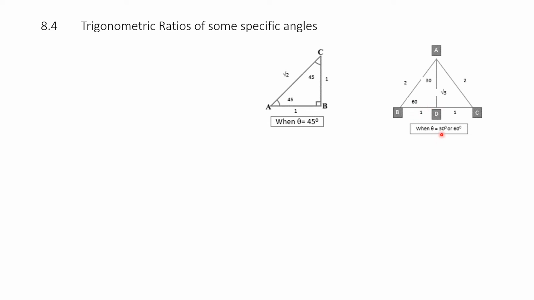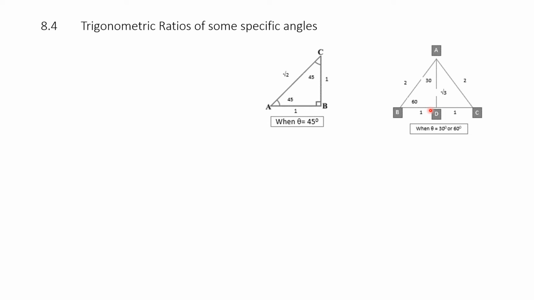If you want to find the trigonometric ratios of angle 30, take this angle as 30. Sin 30 is opposite side by hypotenuse, 1 by 2. Cos 30 is adjacent side by hypotenuse, that is root 3 by 2. This root 3 we have calculated using Pythagoras theorem: 2 square is equal to AD square plus BD square.